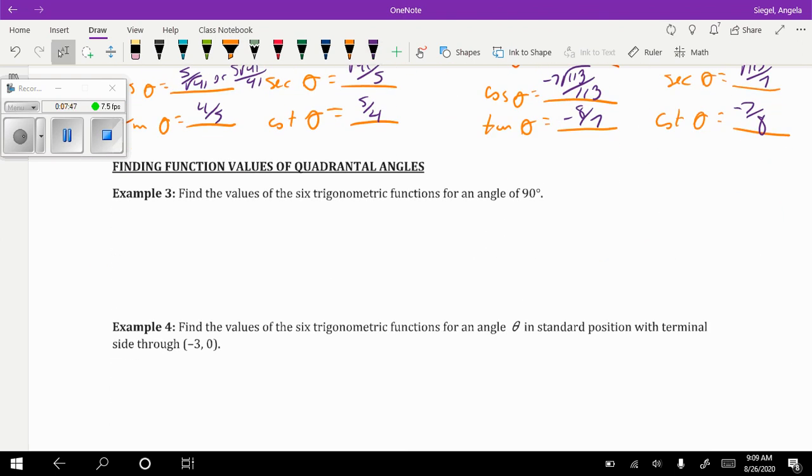So now we're going to talk about finding the trig functions at a quadrantal angle. So remember, quadrantal angles are these angles right here, where the terminal side is on these points. So let's talk about that.